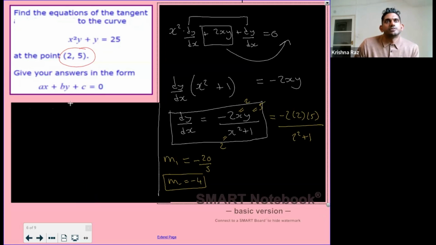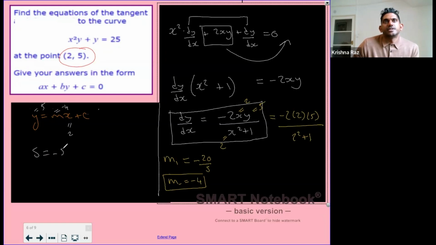So we know y equals mx plus c. And we have m is minus 4, x is 2, y is 5.